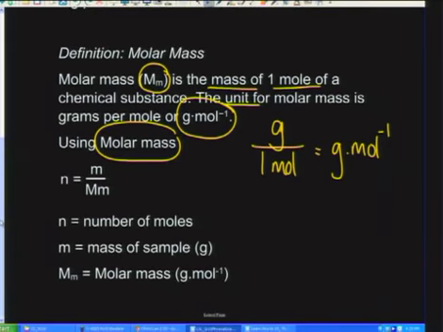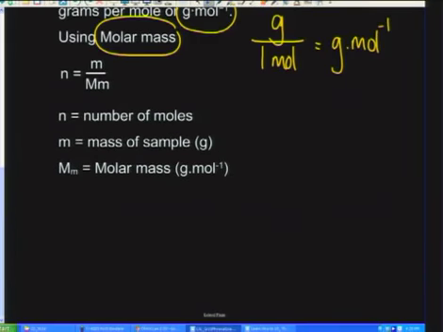And I've got this equation here. Let's write it out again because I want us to talk about it. Number of moles is equal to the mass of my sample divided by the molar mass.